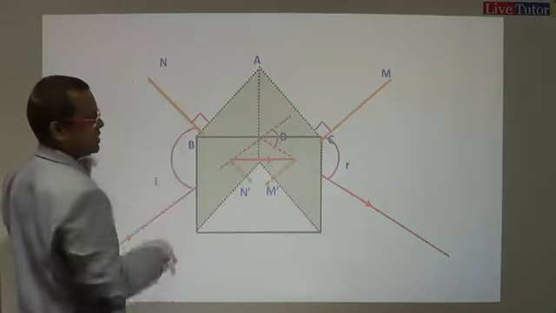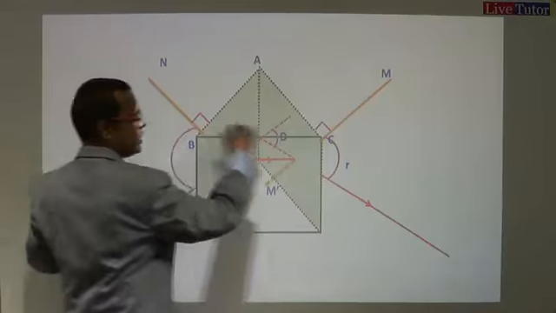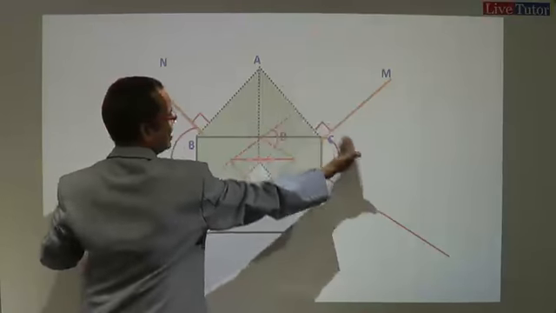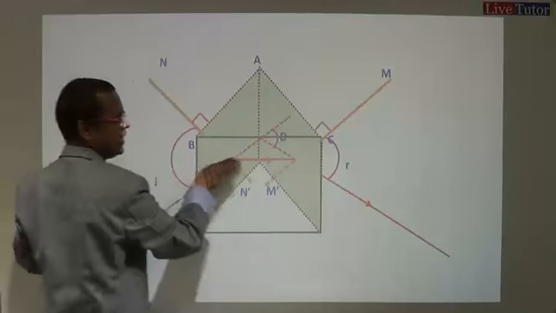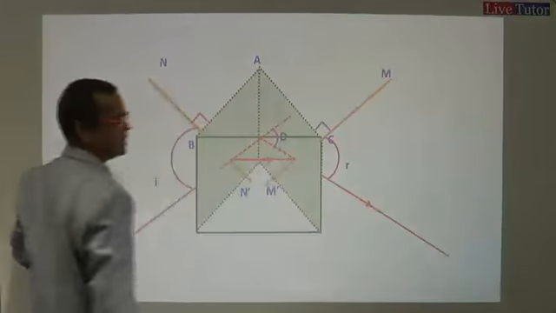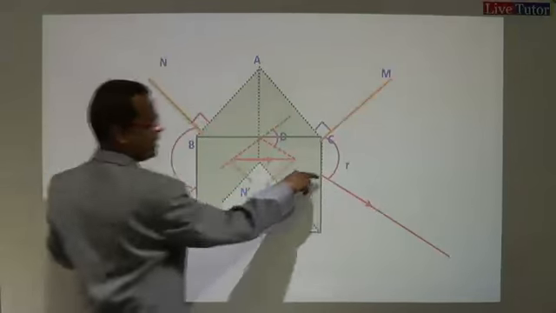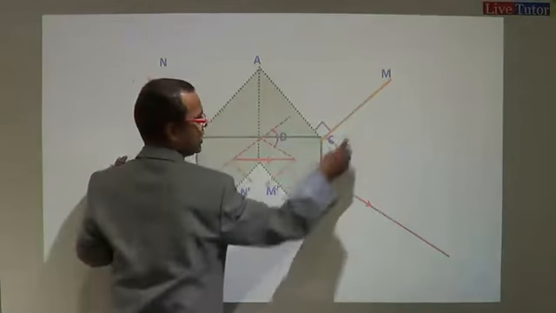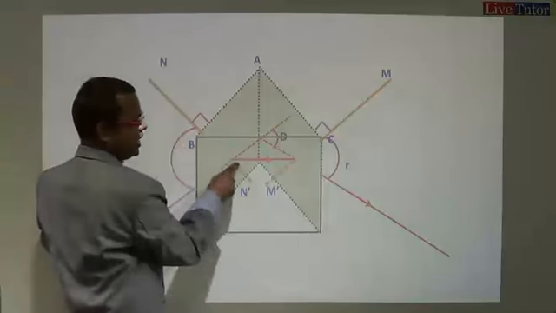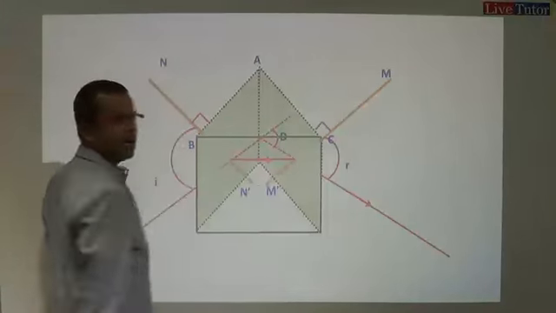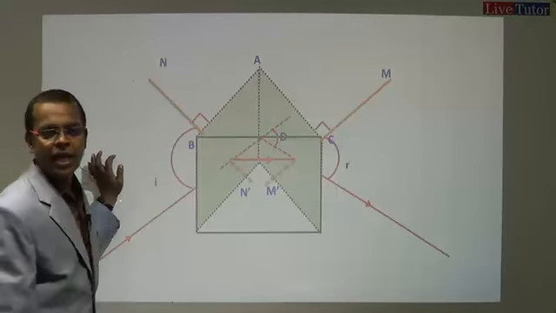Both the pins should be seen on the other refracting surface. So this is one surface, the other surface here. They get deviated and come out as the emergent ray. The angle between the emergent ray and the normal is called the angle of refraction. But the angle between the incident ray and the emergent ray is called the angle of deviation.